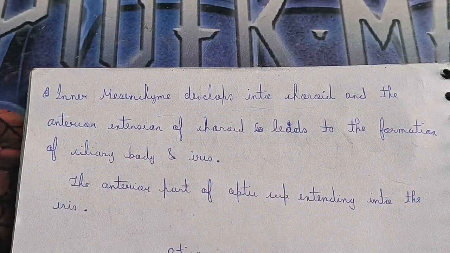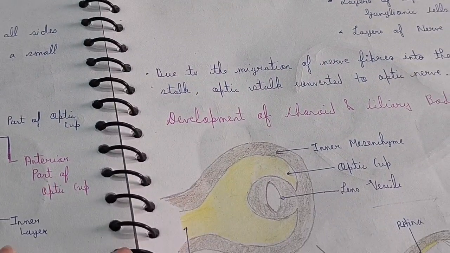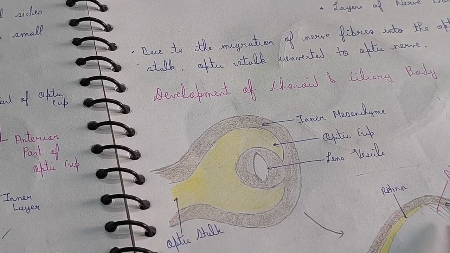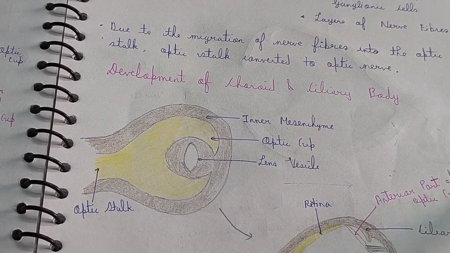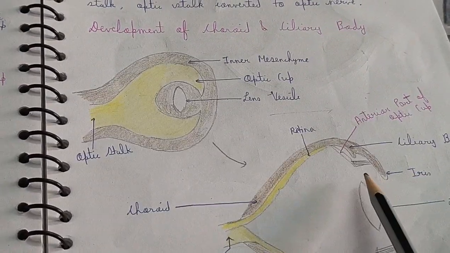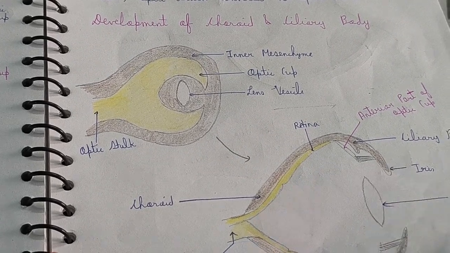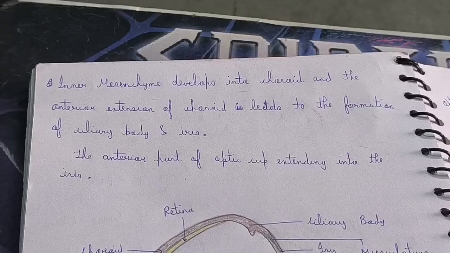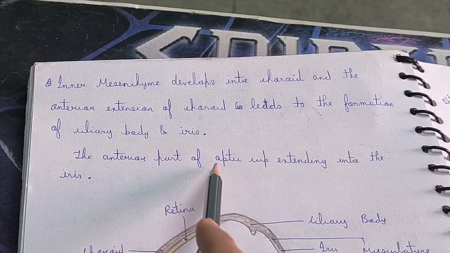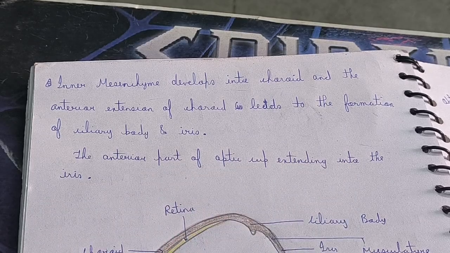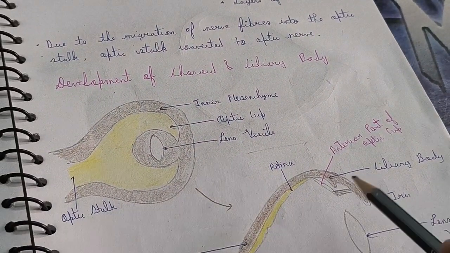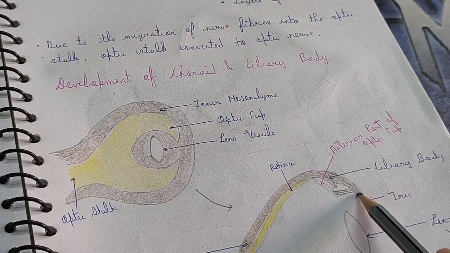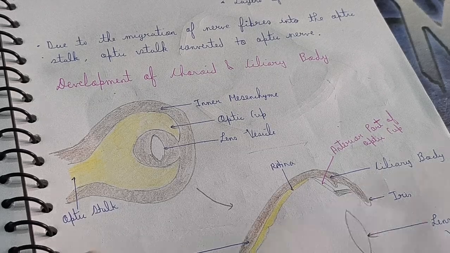The anterior extension of the choroid leads to the formation of the ciliary body and iris. Now in this diagram, this is the anterior part of the optic cup, and it extends into the iris. Initially there is no musculature in the iris.